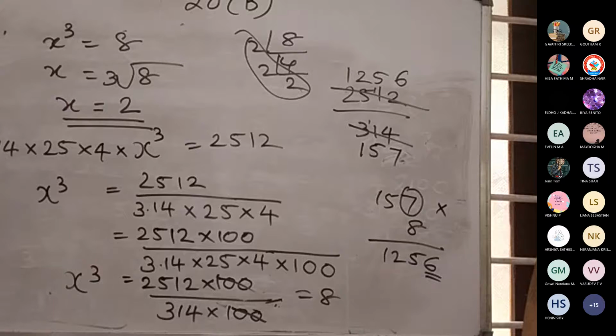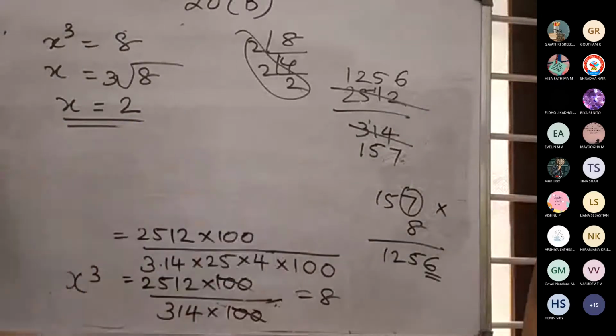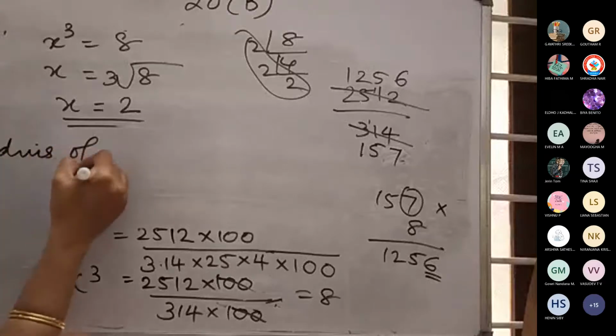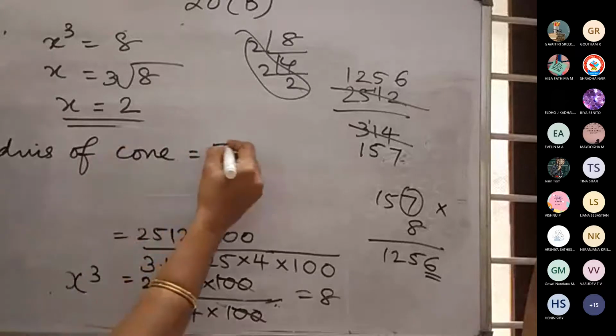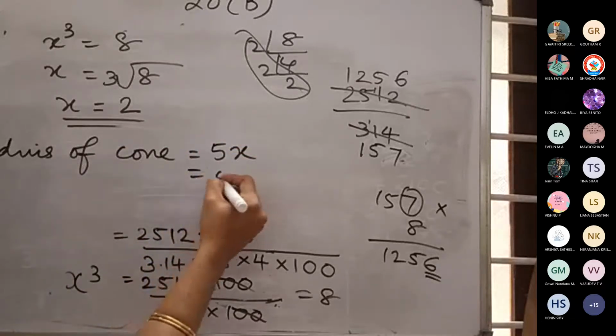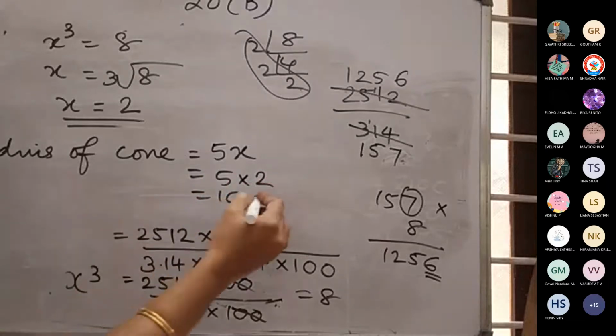Any doubt up to this? No, ma'am. Therefore, radius of cone, radius of cone we assumed it as what? We have 5x, 5x. So 5 into 2 which is equal to 10, 10 centimeter.